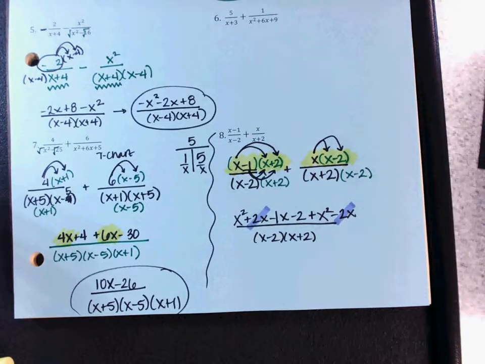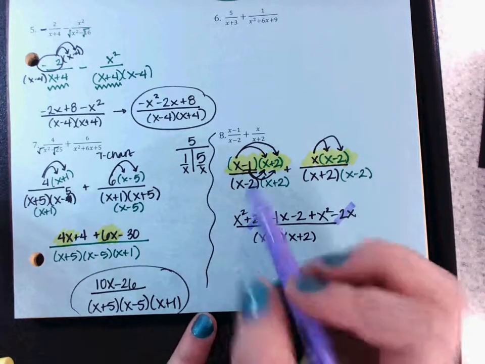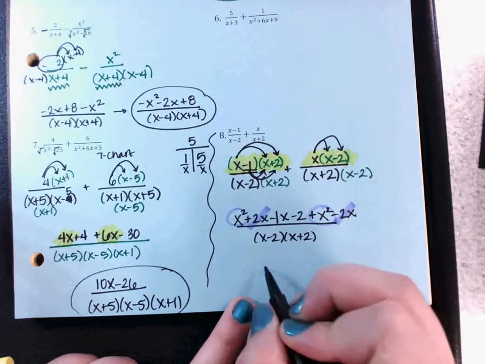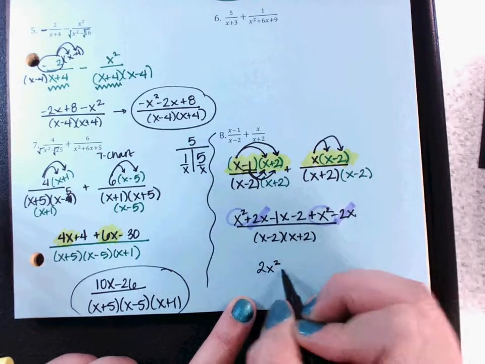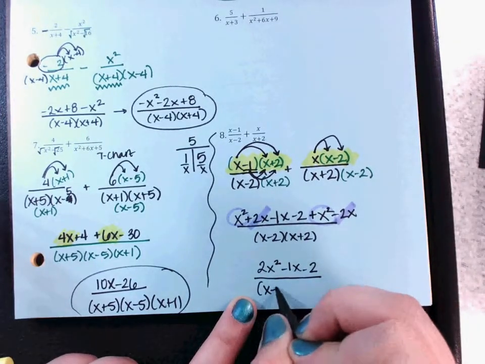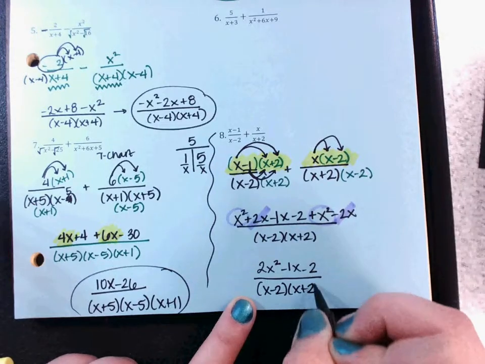Since one's a plus 2 and one's a minus 2, those are gone. What can combine? Just one other thing can combine. X squared and x squared. How many x squareds are on the top? 2x squared. So I'd have 2x squared minus 1x minus 2 over x minus 2, x plus 2.